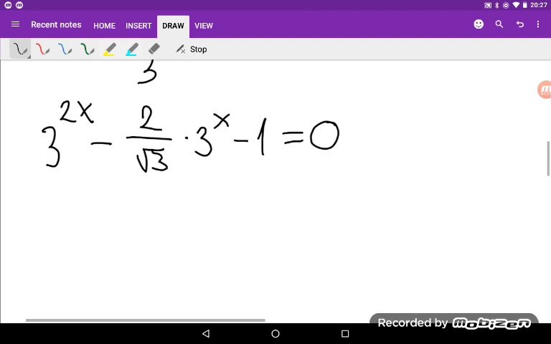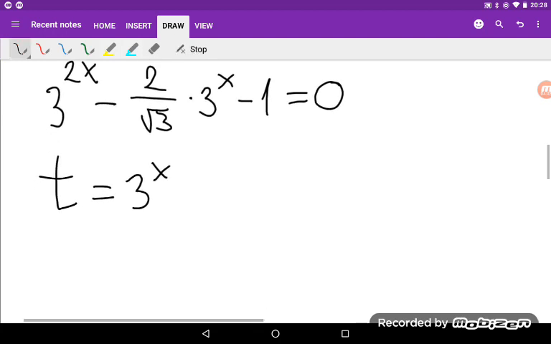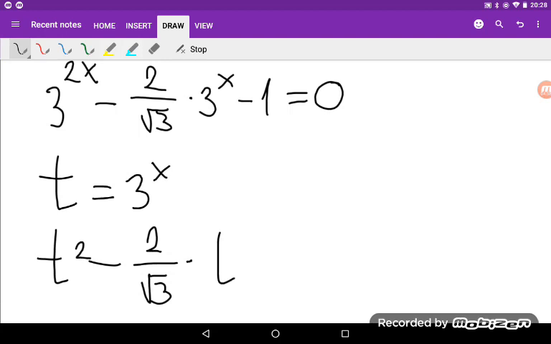Okay, and now I will just make a substitution. Let's say t is equal to 3 to the power of x. Okay, so I will have t squared minus 2 over square root of 3 times t minus 1 is equal to 0.